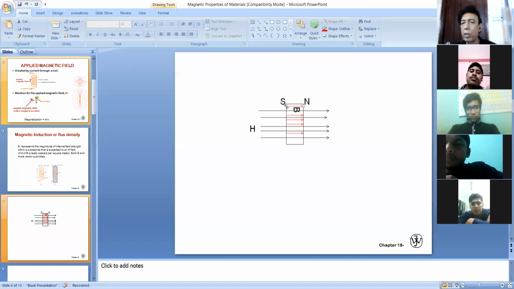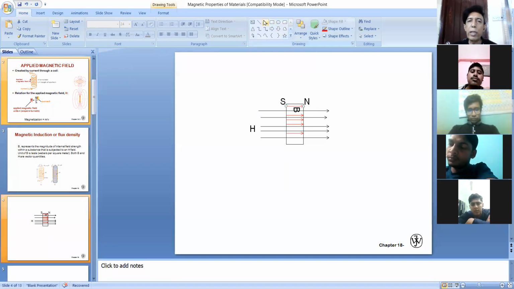This line of force exits from the North Pole and enters the South Pole. I have told you the lines of forces exit from the North Pole to the South Pole.